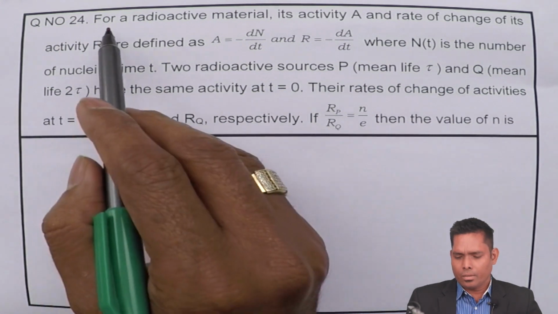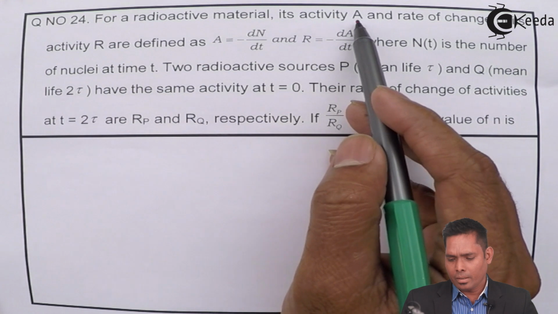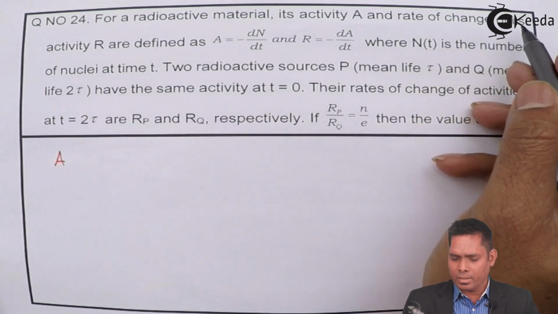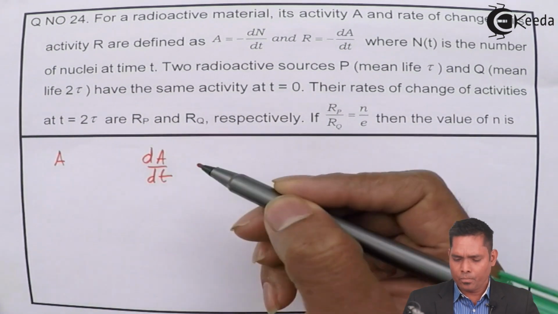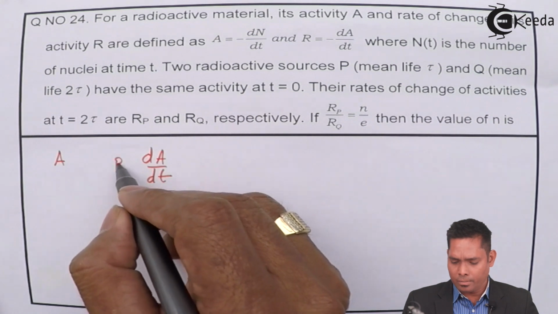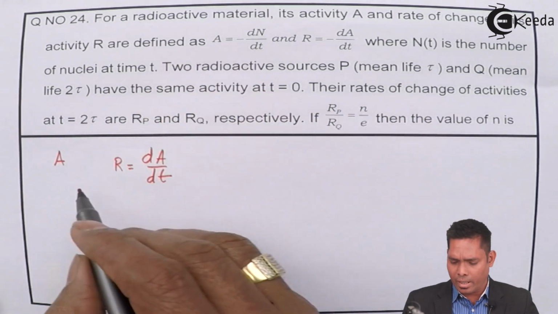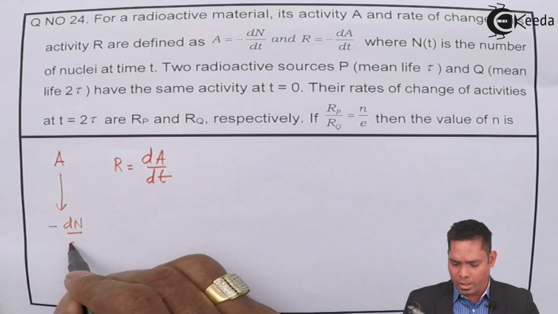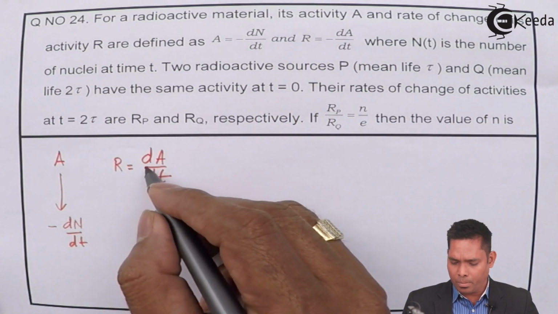The question says, for a radioactive material, its activity is A, and the rate of change of its activity, that is dA upon dt, is given by R. It is defined as: A, the activity, is given by minus dN over dt, and R is minus dA upon dt.